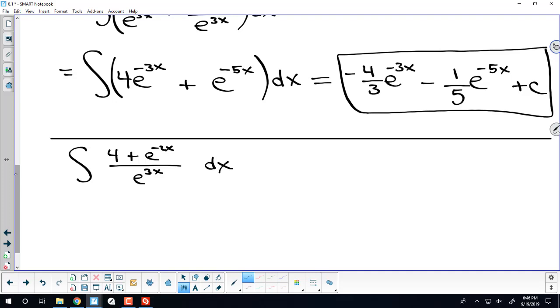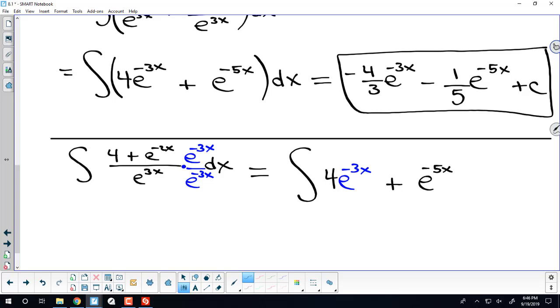So if we multiply our integrand by e to the negative 3x over e to the negative 3x, so just multiplying through by 1, then that causes our denominator to be 1. And we have 4 times the e to the negative 3x plus e to the negative 5x. So you get the very same thing we just integrated.